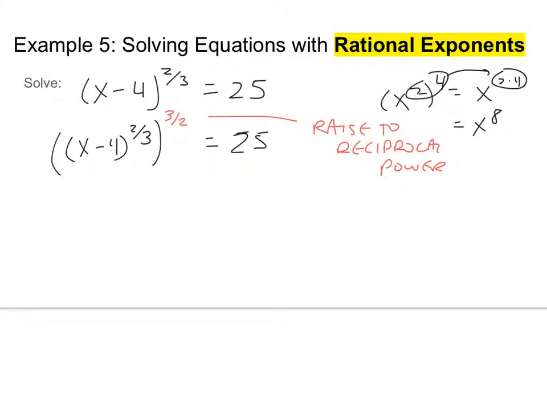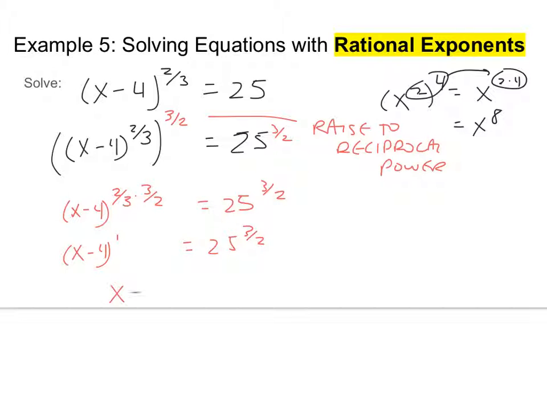Well, I got to raise the other side to the 3/2 as well. And so what happens is I have (x - 4) to the 2/3 times 3/2 equals 25 to the 3/2.